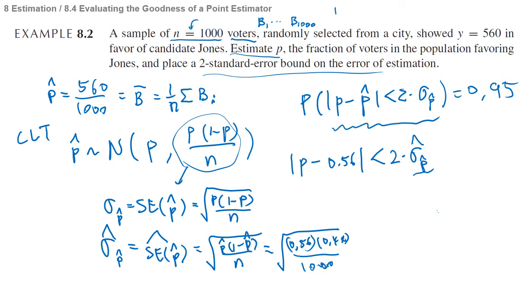Using a calculator, 2 times this is approximately 0.03. So if we solve it for p, then we get that p is bounded from 0.53 to 0.59. So this is our answer.